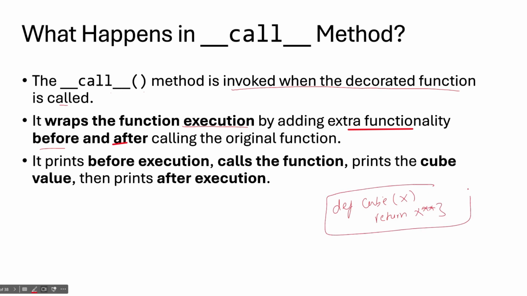You can't change this function. You are just adding functionality here before and after, right? In that way it is useful. So it prints before execution, calls the function and prints the cube value, then prints after execution, right?